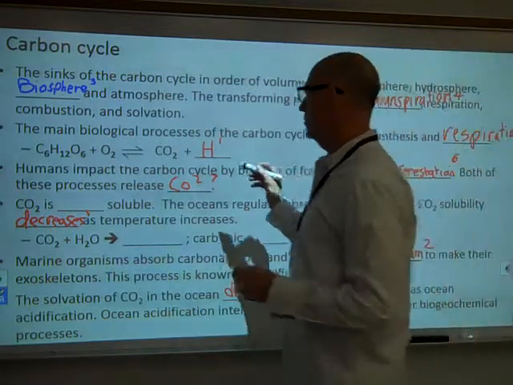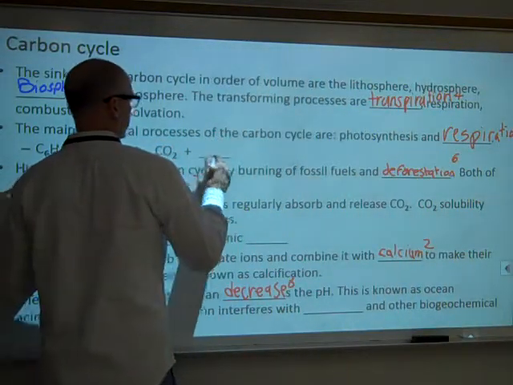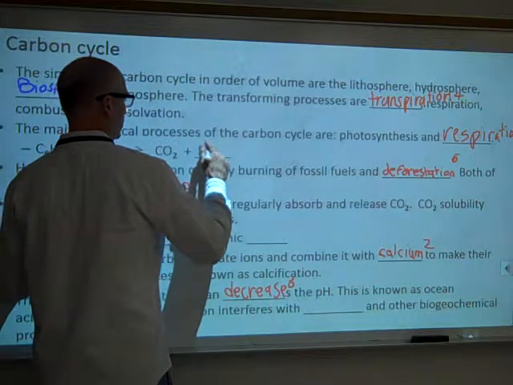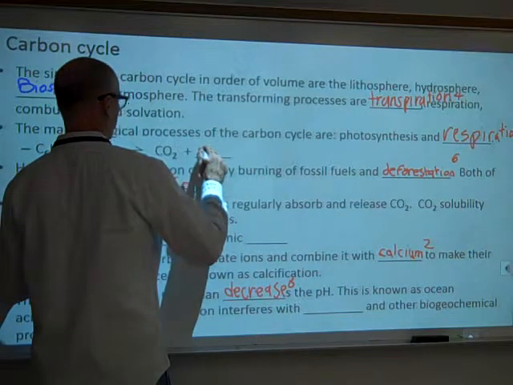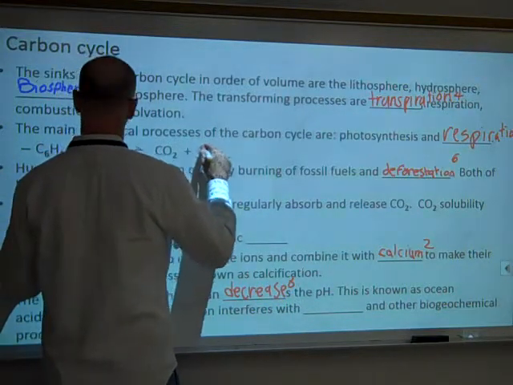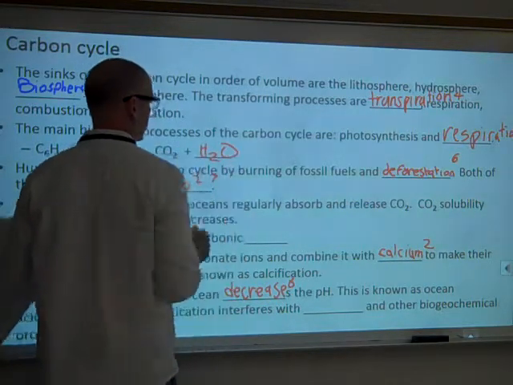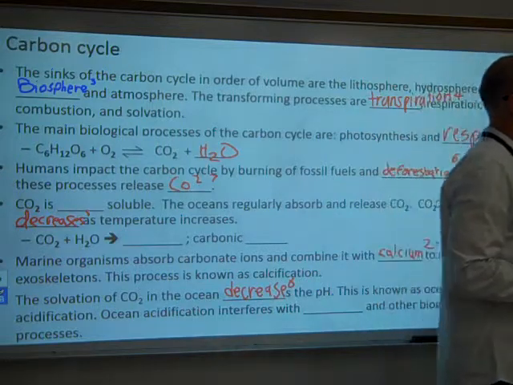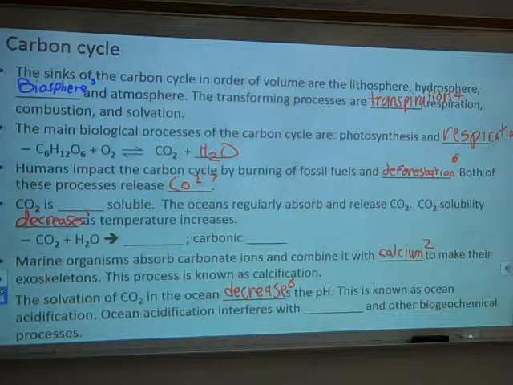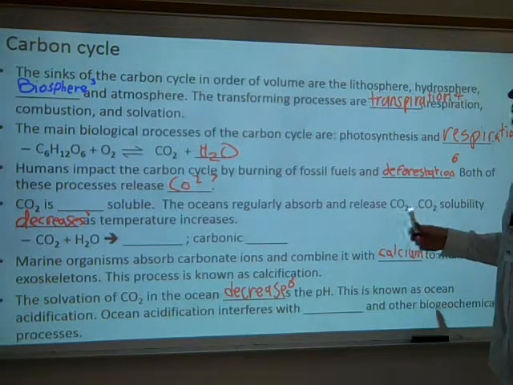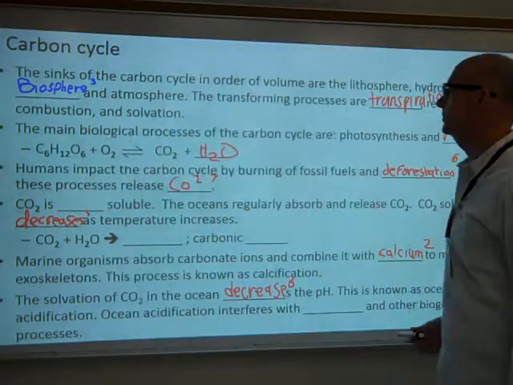And that is the main way in which carbon is exchanged, CO2 and H2O. Carbon is exchanged back and forth through the biosphere. So that's the main way carbon is exchanged back and forth through the biosphere.